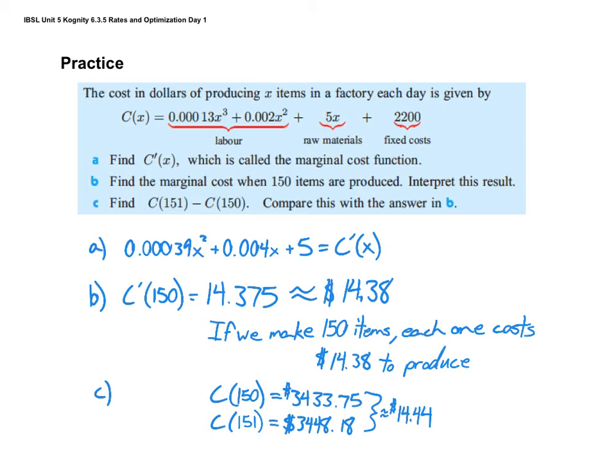And that is one thing we need to make sure we remember, we talked about this a long time ago: the derivative gives us an instantaneous rate of change as opposed to an average rate of change. So the average rate of change between 150 and 151 is $14.44. The instantaneous rate of change at 150 is $14.38.